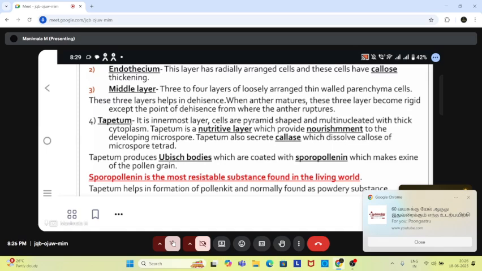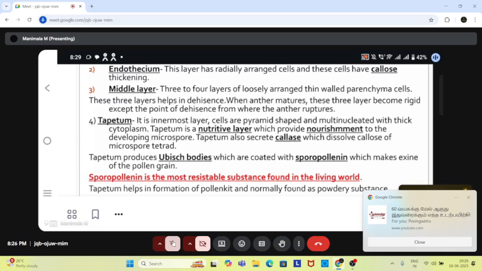Sporopollenin is one of the most resistant organic materials. With the help of sporopollenin only, the pollen grains are able to withstand high temperature, strong acid and alkali. For all these conditions, the pollen grains can withstand.